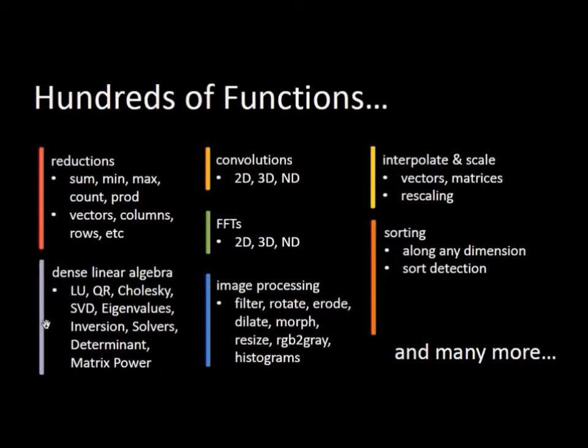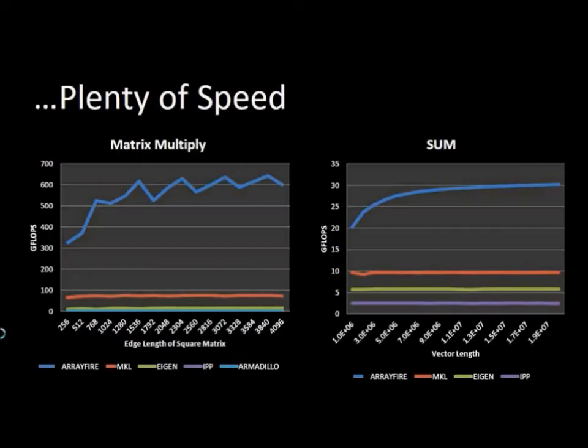There are literally hundreds and hundreds of highly optimized and tuned functions for a variety of types, matrix sizes, kernel sizes, and use cases. Again, this body of functions is the reason why so many organizations have achieved success with our tools to date, is that we have so many functions that are available.